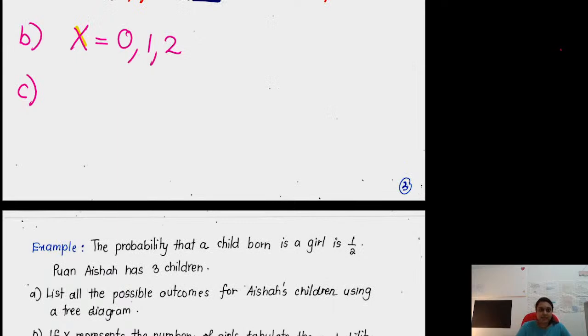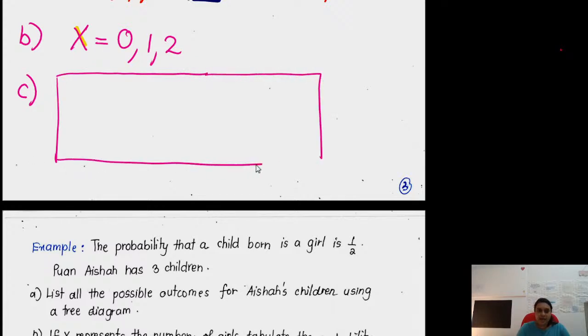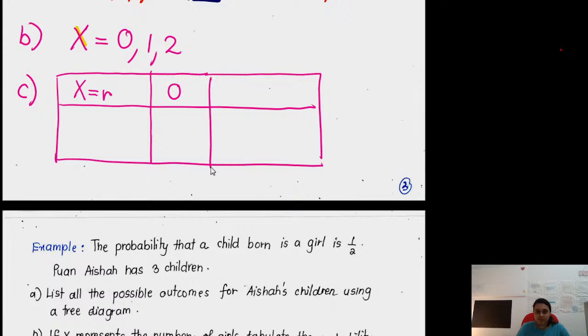Okay, let's start. We do the counting at the side, but teacher do the table first. Total got how many x here? Got 3 x, isn't it? So you write x equals to r. So you write these values for 0, 1, and 2. So that means you build your table according to how many x you got.